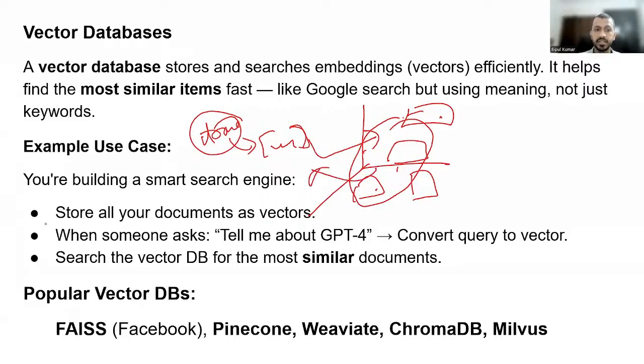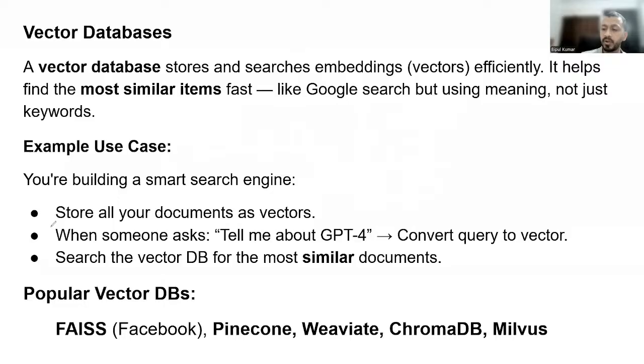This is what a vector database is. There are popular vector databases like FAISS, Pinecone, Weaviate, ChromaDB, Milvus. These are popular vector databases that many people use to create their own model.